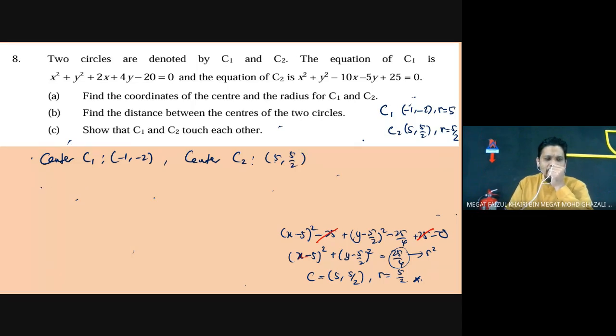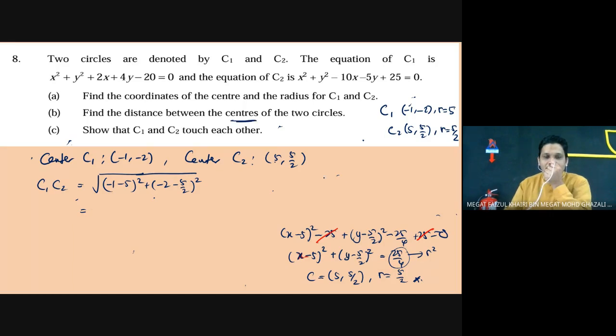So the distance of C1 and C2 is the square root of (negative 1 minus 5) squared plus (negative 2 minus 5 over 2) squared. That is the formula of the distance between two points, here the two centers of the circles.